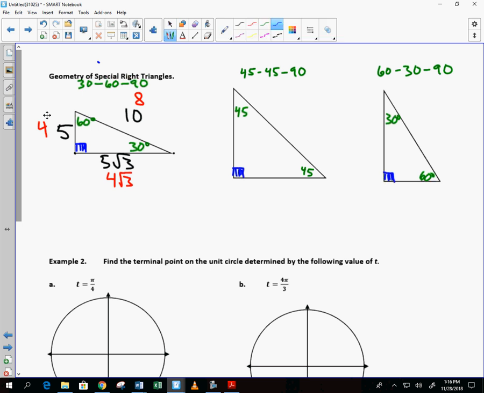Suppose I make this side here 7. What would this length be over here? 14. What would this length be here? 7 roots of 3. That's it. See, geometry wasn't too bad, right?